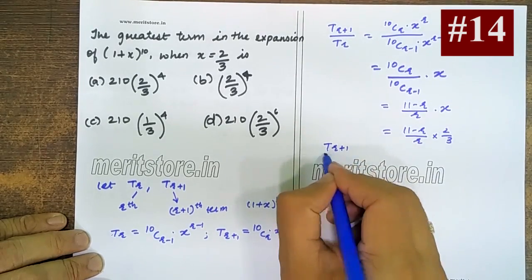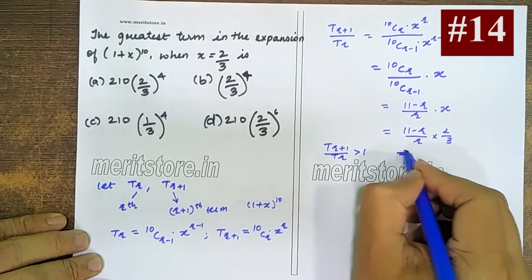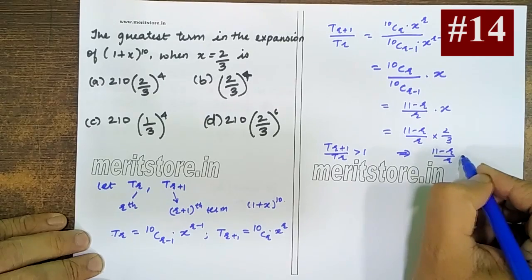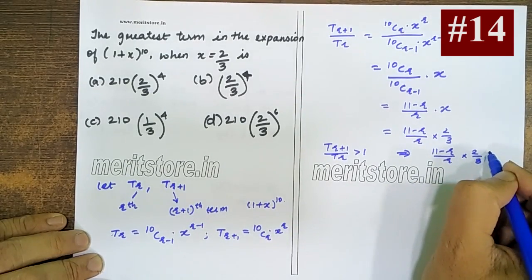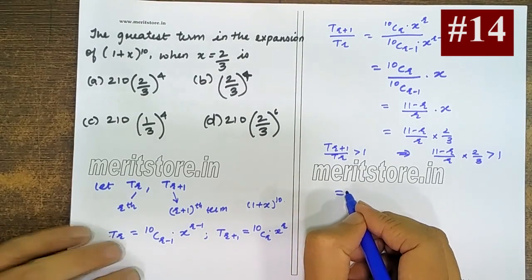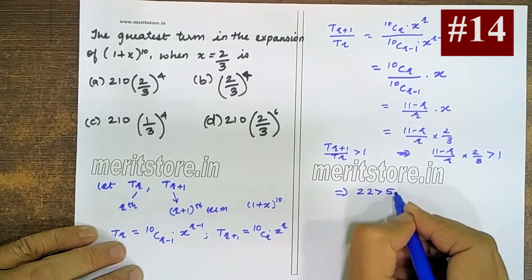But tr plus 1 upon tr is greater than 1. Therefore 11 minus r upon r into 2 by 3 is greater than 1. So simplifying this, you will get 22 is greater than 5r.